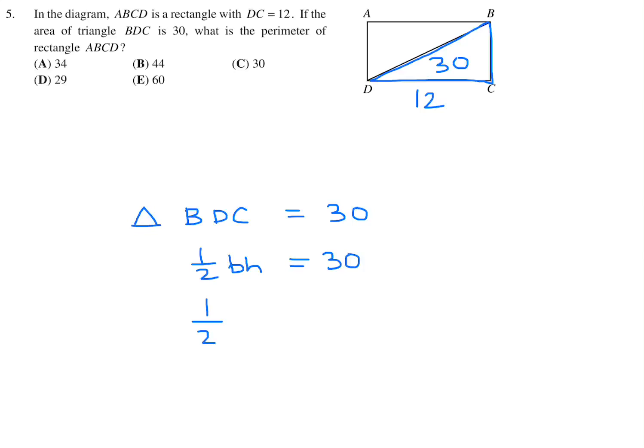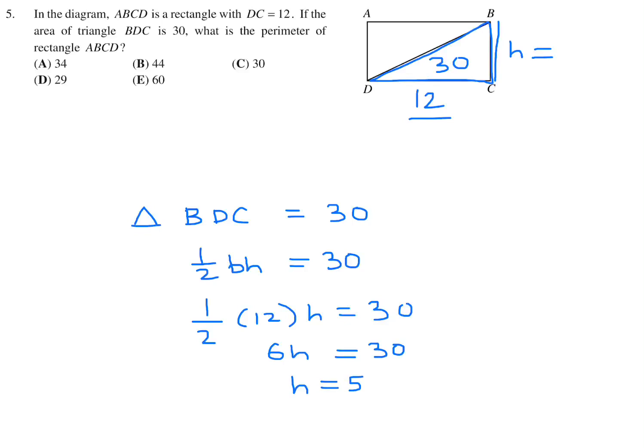So the base in this case of this triangle is 12, and the height is BC right there, and that's 30. So this would become 6h is 30, and therefore h is equal to 5. So h is 5. And now we can calculate the perimeter. Since this is a rectangle, this is also 5, and this is also 12. So the perimeter is going to be 12 plus 5 plus 12 plus 5, which is 24 plus 10, which is 34. So the answer here is A.